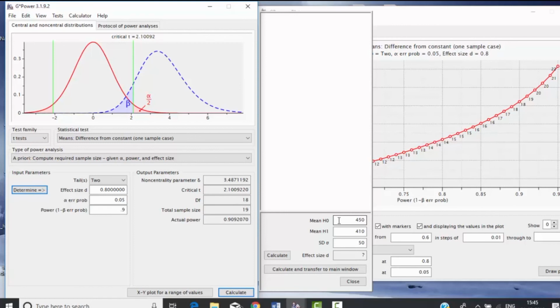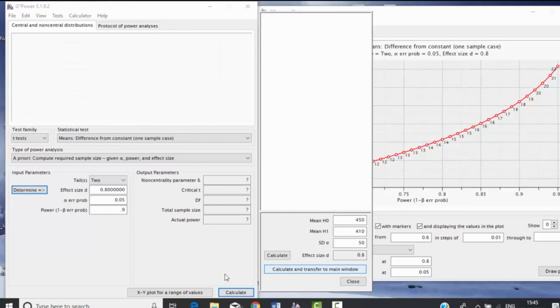The standard deviation is 50 hours. Therefore, when you calculate the effect size, it is 0.8. Now, these are all the major things that you will see here in G-Power software.